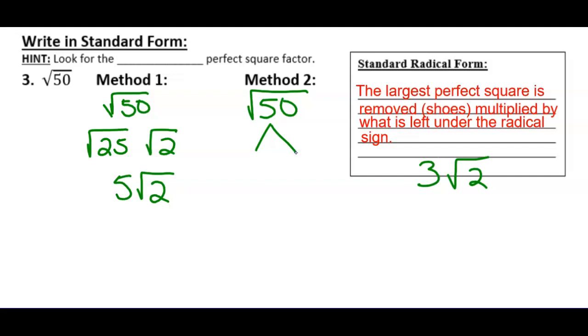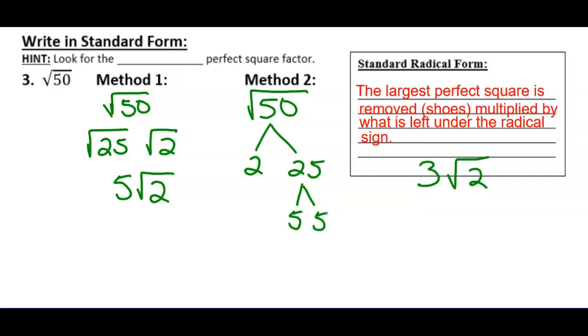So all of the numbers that we would consider prime, okay? So, can I divide 50 by 2? Sure, I get 25. Can I divide 25 by a number? Sure, I can divide it by 5. And 5 times 5 is 25.